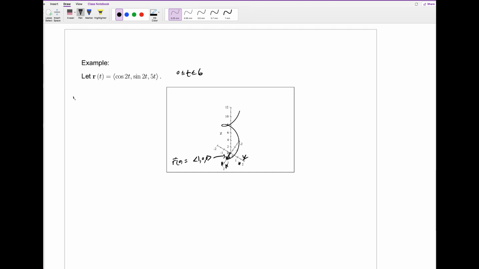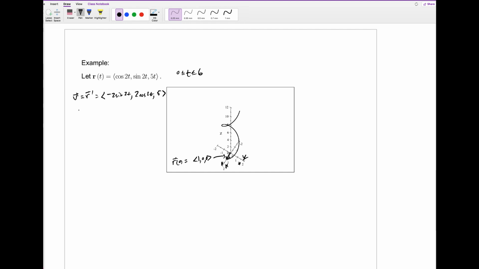We can compute the velocity vector, which is just r prime, and that's the vector minus 2 sine 2t, 2 cosine 2t, and just 5. That tells you the direction the object is moving.